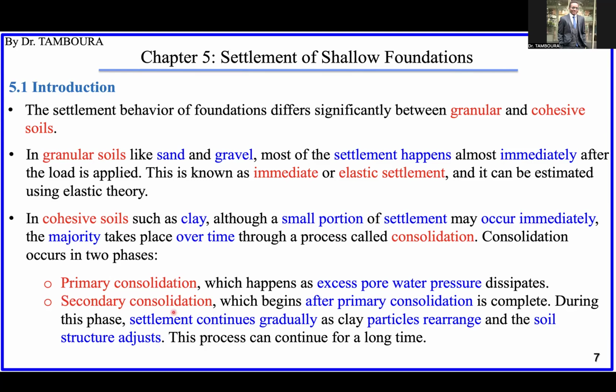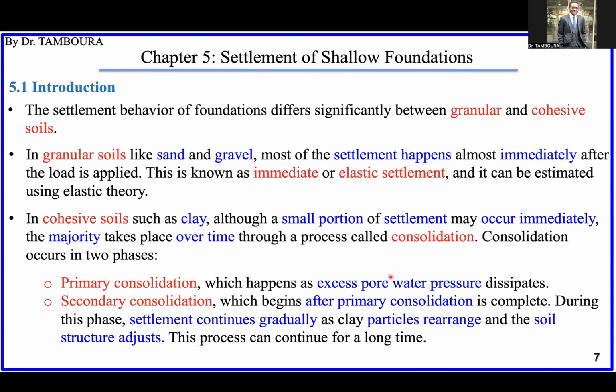As you can see, for granular soil we have elastic settlement. For cohesive soil, we have elastic settlement also, but it's small. Then we have consolidation settlement, which has two phases, primary consolidation and secondary consolidation.